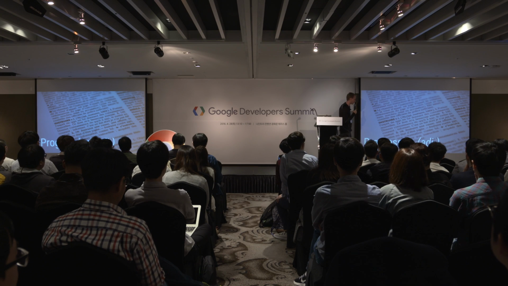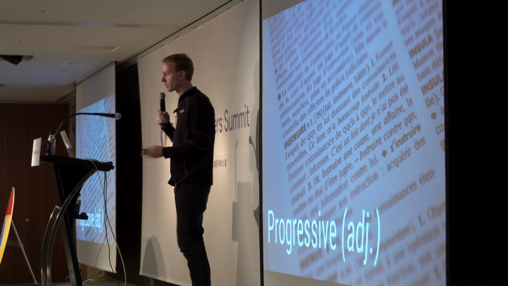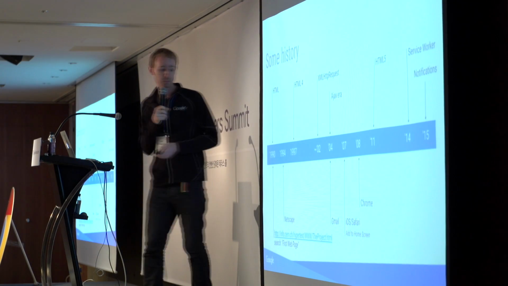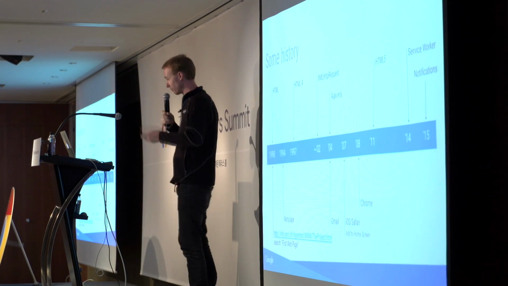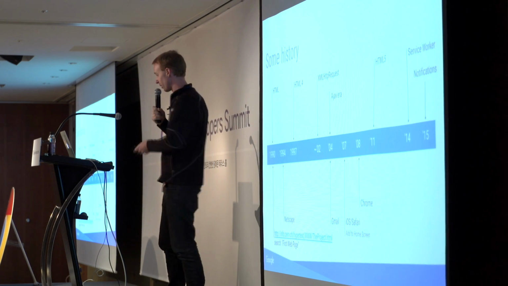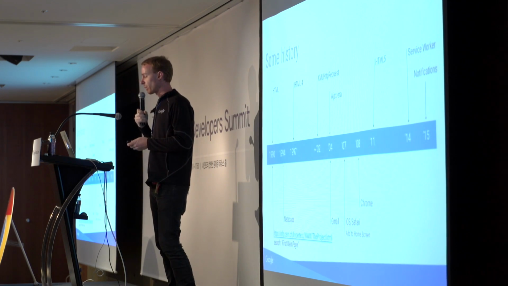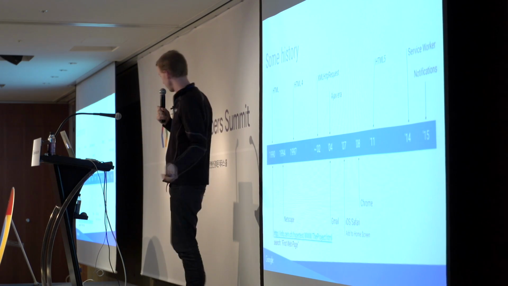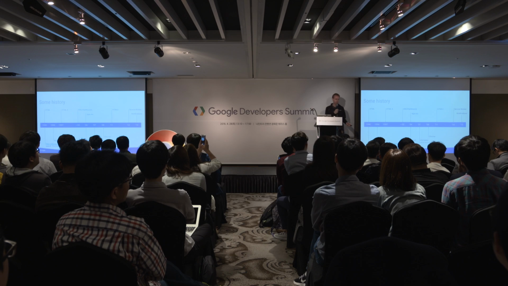So let's start with a clear definition. Progressive is an English word that means developing in stages. And I want to put that in context. So we have a bit of history here. It's a big slide, but we'll get through it. It's obviously a simplistic view, right? The web is not from A to B. But I want to talk about the practical applications of progressive, right? This URL down here that I've included is literally the first website.